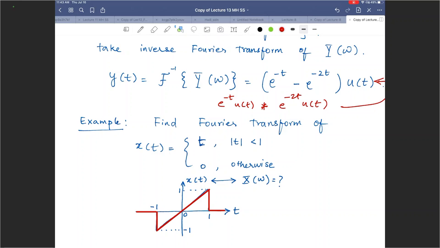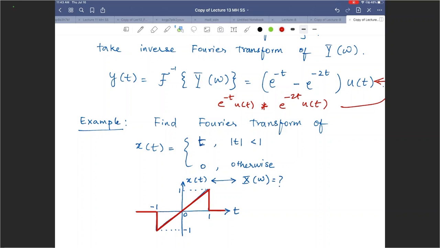Now, when you see a linear function, what comes to mind? When you see lines, what property are you very tempted to use? I see a linear function, I'm tempted to use a differential property. Yes, the time derivative property.